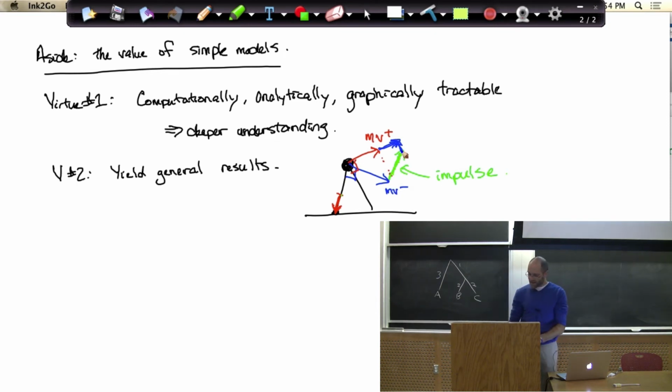Right? So Andy has this great quip. This is Andy Ruina at Cornell, who's one of the prominent names in passive dynamic walking and walking robots.